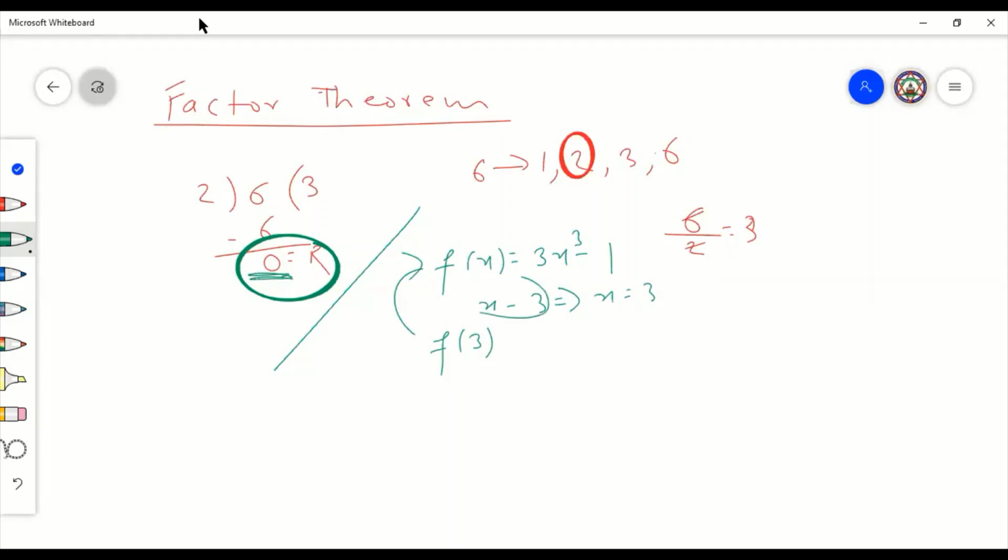To be x minus 3 a factor of f(x), its remainder must be 0. You got it? So whenever the polynomial f(x) is divided by x minus 3, if f(3), which gives the remainder, is 0, then we say that x minus 3 is a factor of the polynomial f(x).